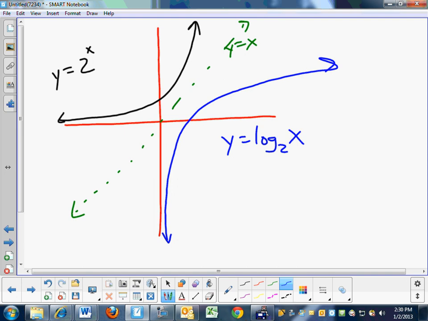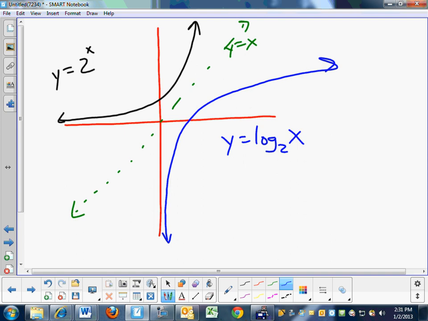Now think about it. Look at this graph. Can I plug in positive numbers and get out results? Yes. For the blue graph, can I plug in negative numbers and get out results? No. Can I plug in 0 and get out a result? No. So you can see that the domain for logarithms does not include negatives or the number 0. You can only plug in positives.